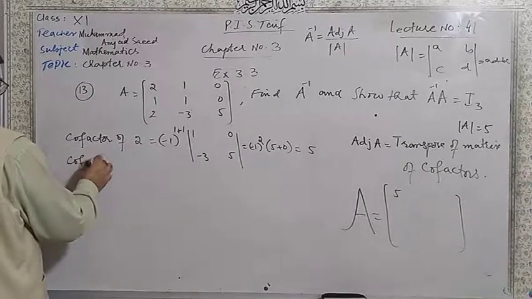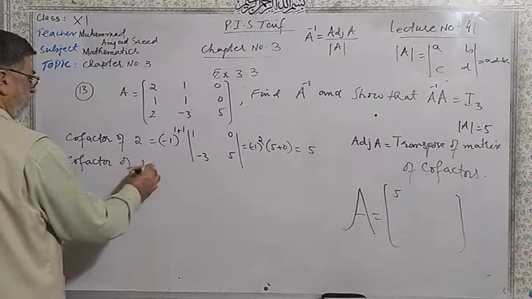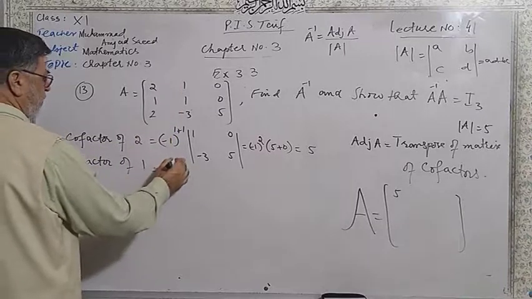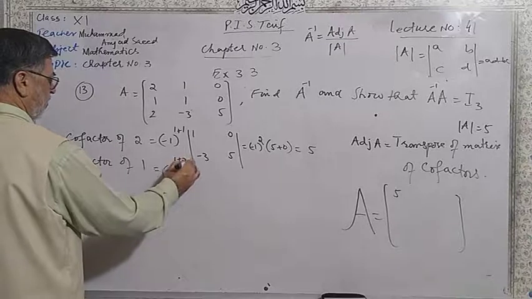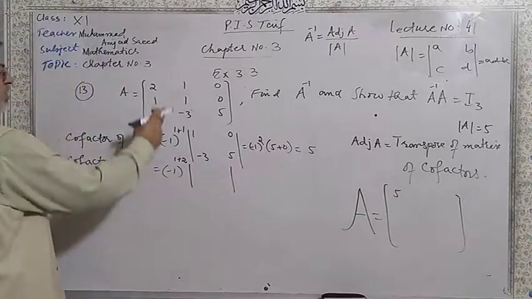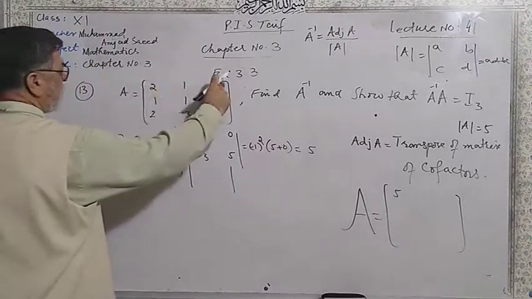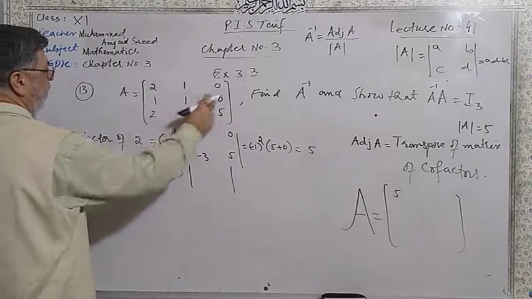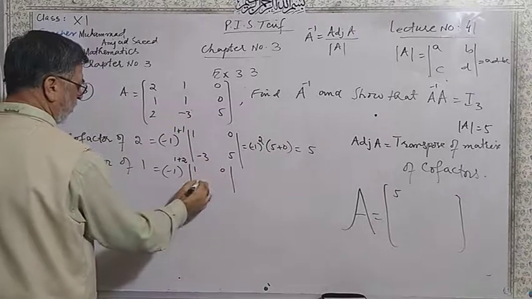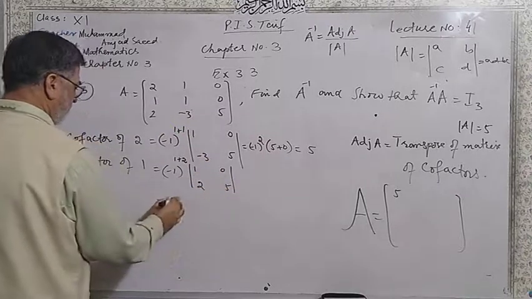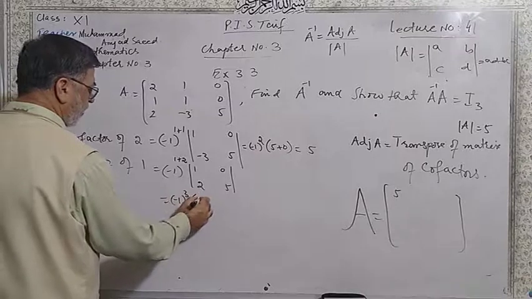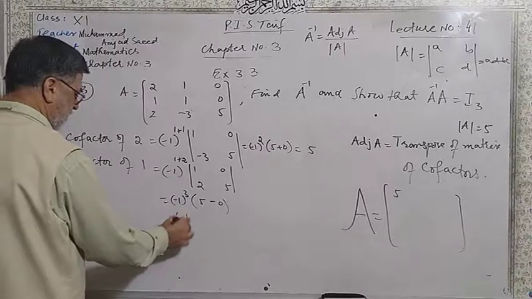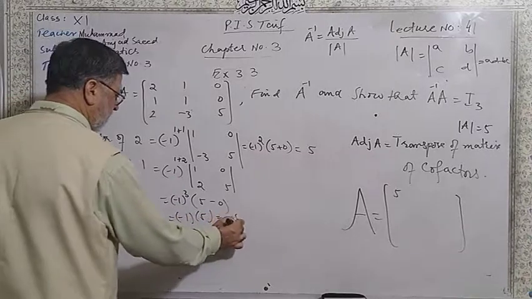Similarly, the cofactor of 1, this one, is minus 1 power, first row, second column. Remove this row and column. We have 1 0 and 2 5. Minus 1 power 3 into 5 minus 0. Minus 1 power 3, odd power, it is minus. Into 5, that is minus 5.